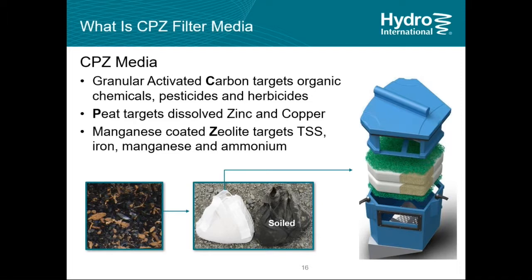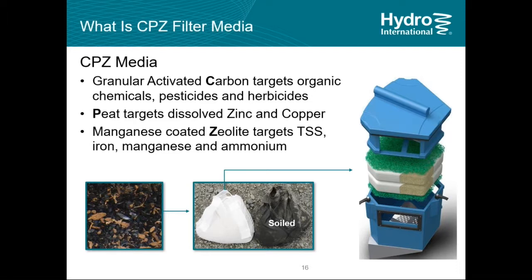At the bottom far left, you can see what our CPZ media looks like. You can easily see the C and the P there, the carbon and peat. To the right, you see the nice white bag. That's a brand new bag going in, so it looks very much like the one in the image. And then you see a soiled bag, a pretty stark difference. The soiled bag is black.